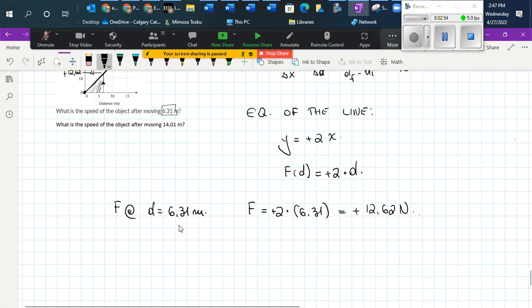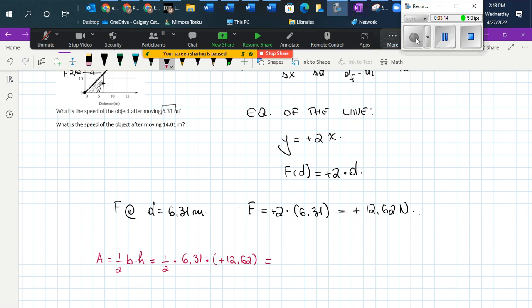Now, the area under the graph will be the change of momentum or the impulse. The area under the graph, since it is a triangle, will be 1 over 2 base times height, or 1 over 2 times base 6.31 times height positive 12.62, and this will be positive 39.8161 newtons times distance in this case.